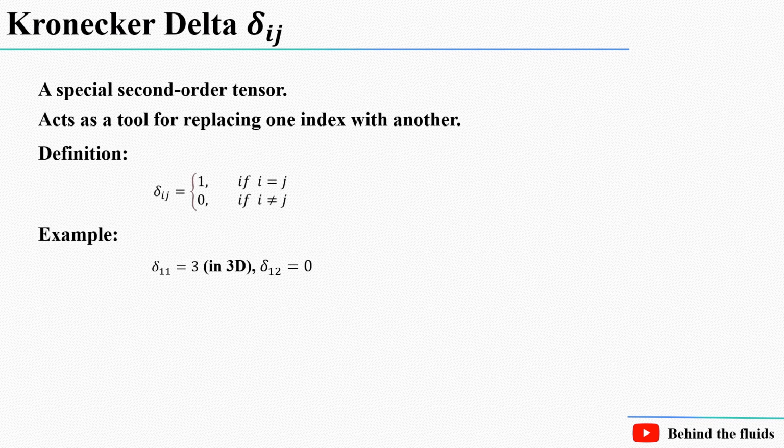A useful property is that if you have a bound index paired with a Kronecker delta, like A_j delta_ji, the Kronecker delta effectively selects the component where the indices match, resulting in A_i. You can think of the Kronecker delta as the identity matrix in tensor form, which you can see in its matrix representation in 3D space.